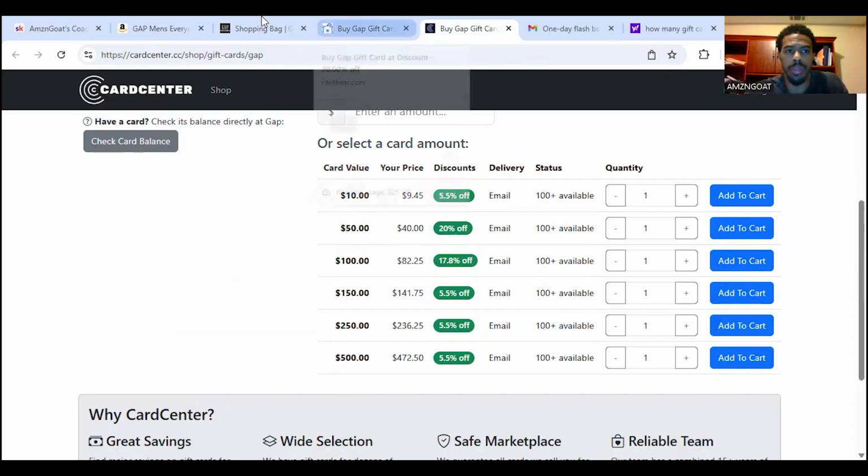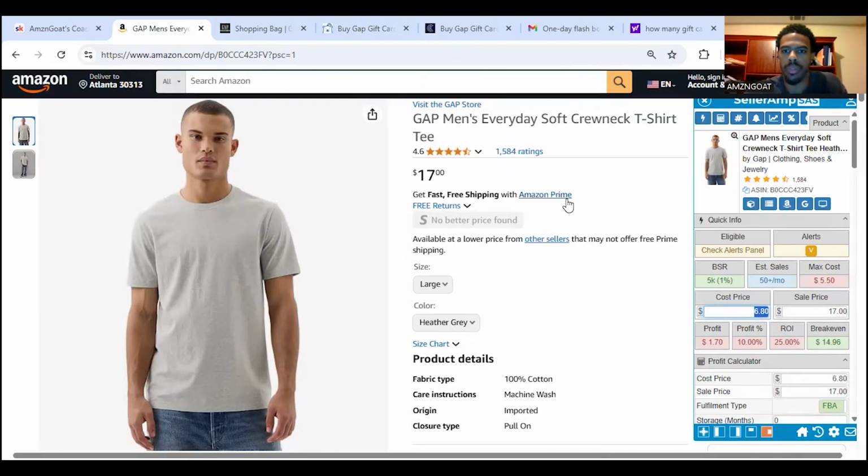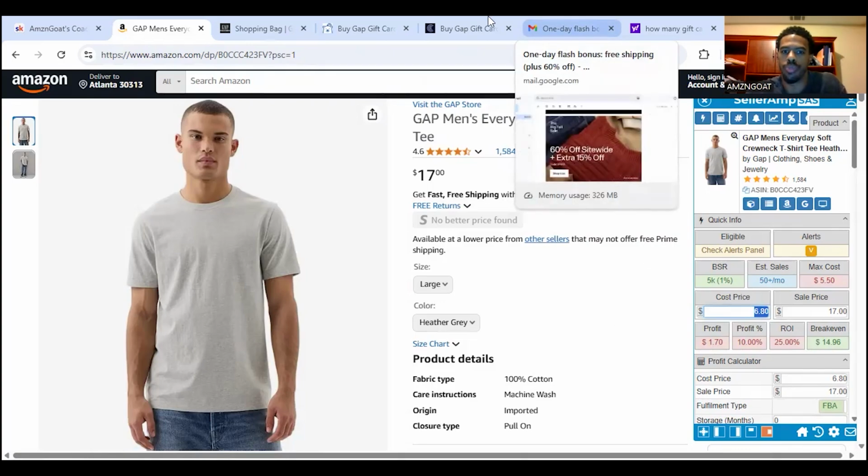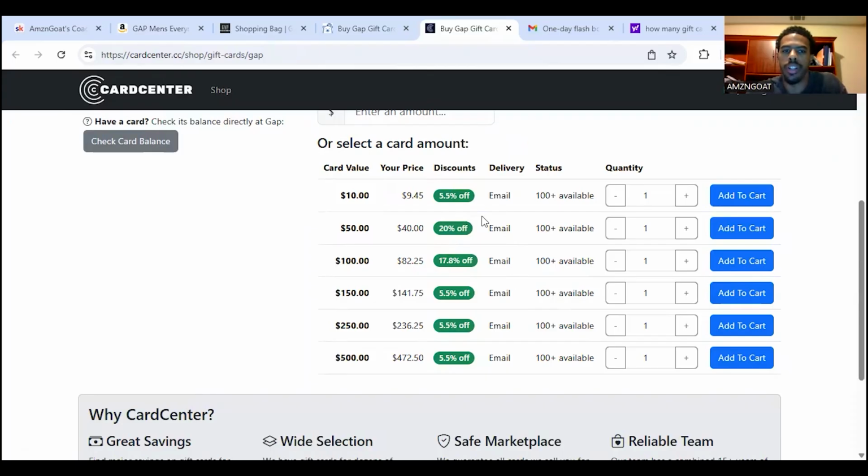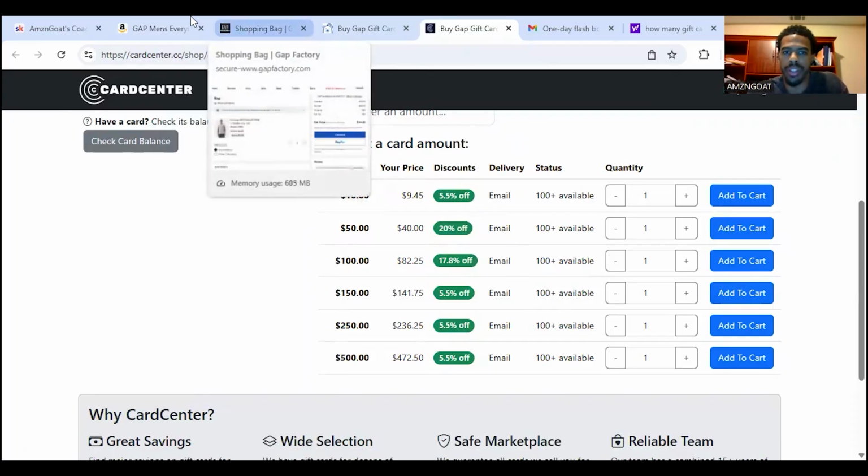If you have any questions about this whole process, or if I'm making it sound more confusing than it actually is, definitely let me know. But regardless, as long as you get that total as close to $50 intervals as possible, you're going to be getting very close to 20% off of the products that you end up buying with the gift cards.